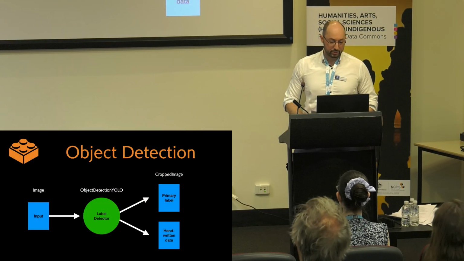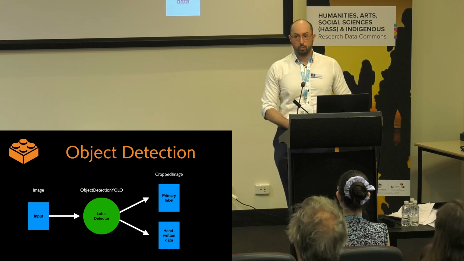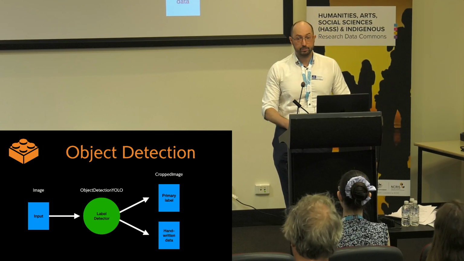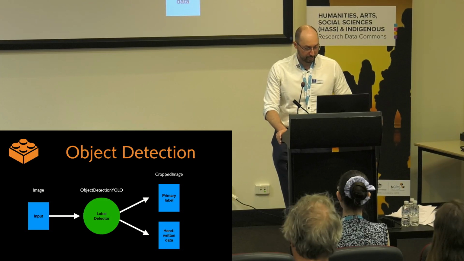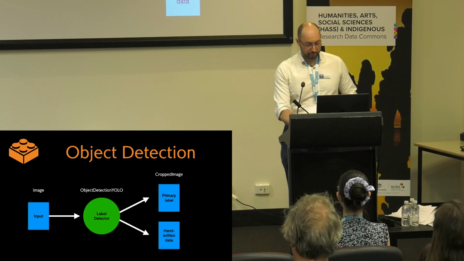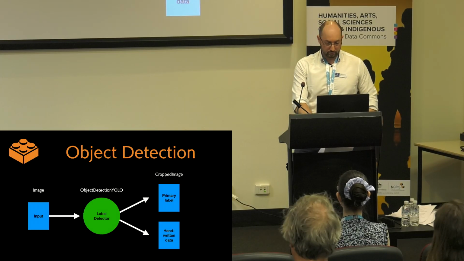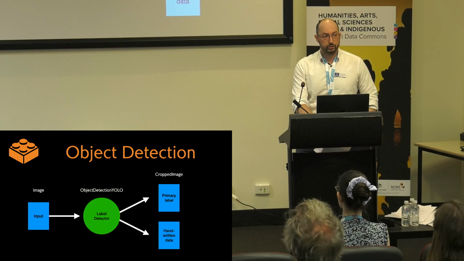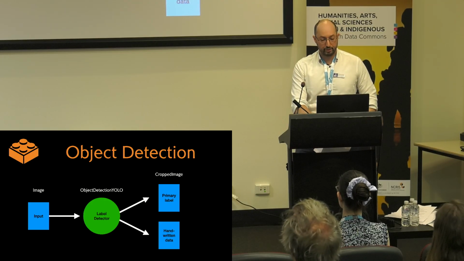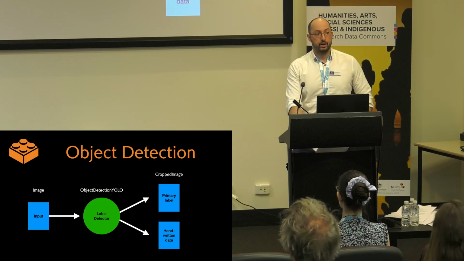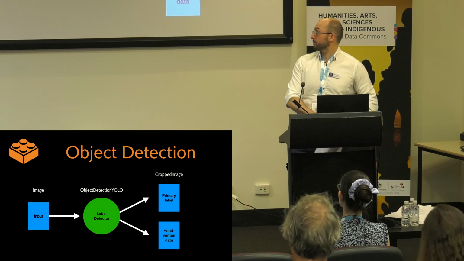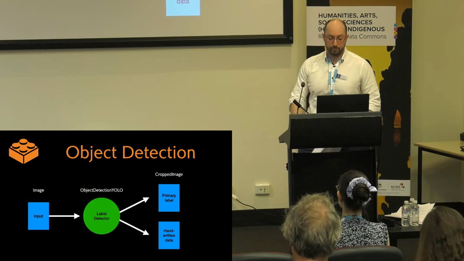Now, object detection isn't just about finding one particular type of item. It can also find several different types of items at the same time. So, for example, with the Graptolite project, we're interested in extracting the primary label, but also the handwritten data, and classifying these separately. And each of these can then be used for different stages of the pipeline.